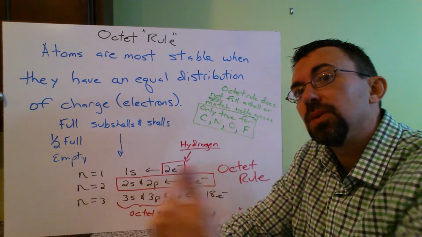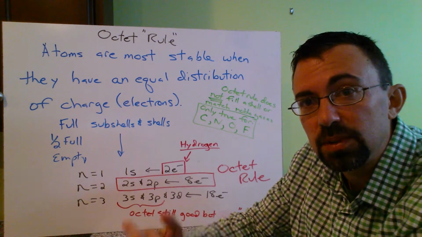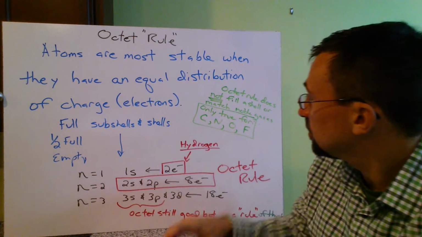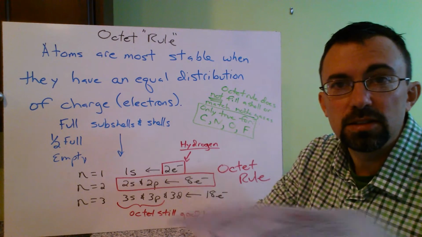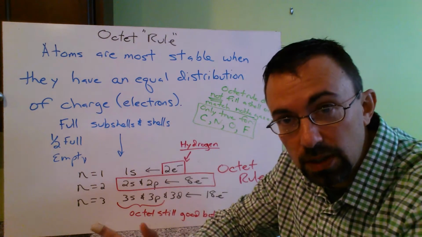And I want to go backwards, because a lot of times they say, well, everyone wants an octet because it completes their shell, it makes them like a noble gas, and that's only true for carbon, nitrogen, oxygen, fluorine. As you know, there are a lot more than 4 elements on the periodic table. So what's really going on?